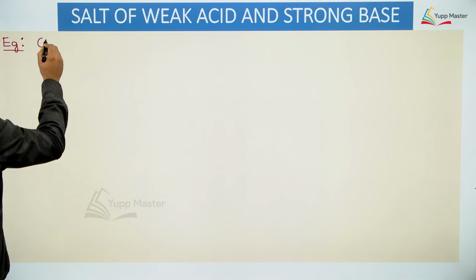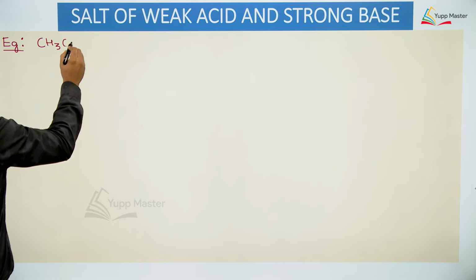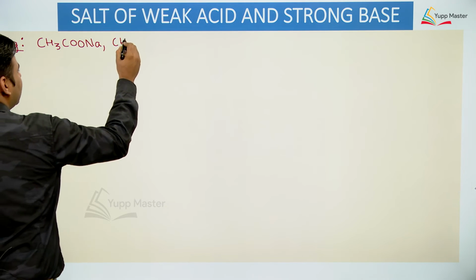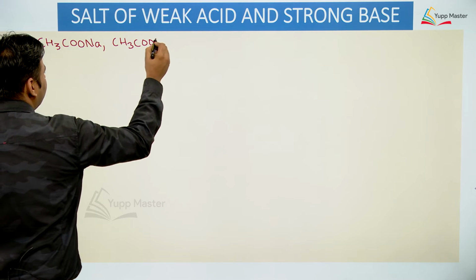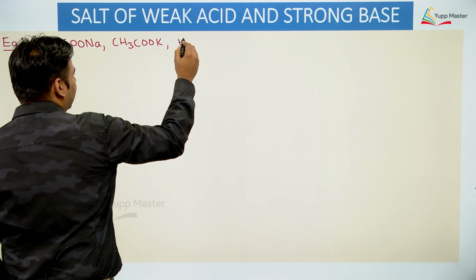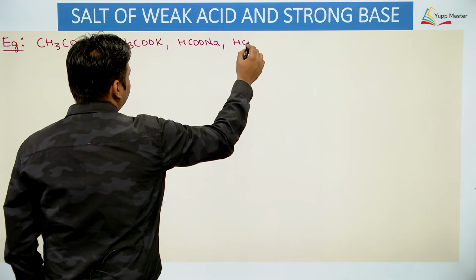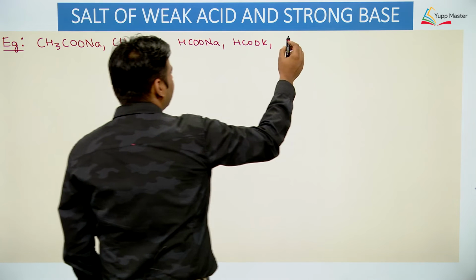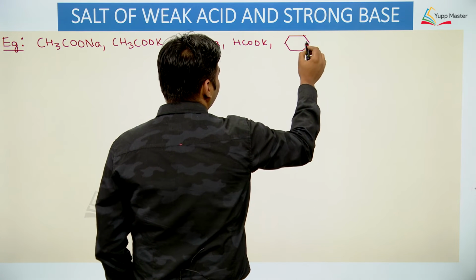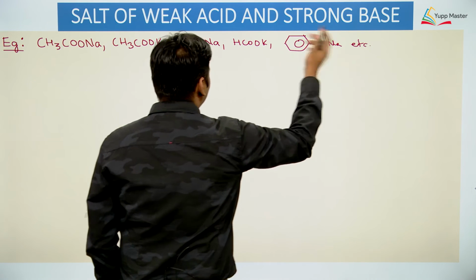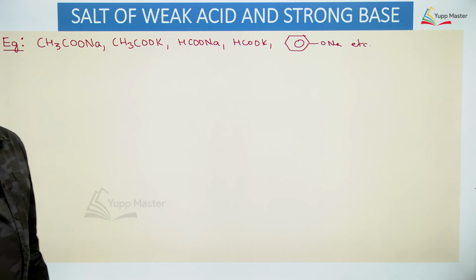So examples would be CH3COONa, CH3COOK, potassium acetate, sodium acetate, sodium formate, potassium formate, sodium phenoxide, and so on and so forth. There can be many cases, you just need to know that organic acids are weak acids.